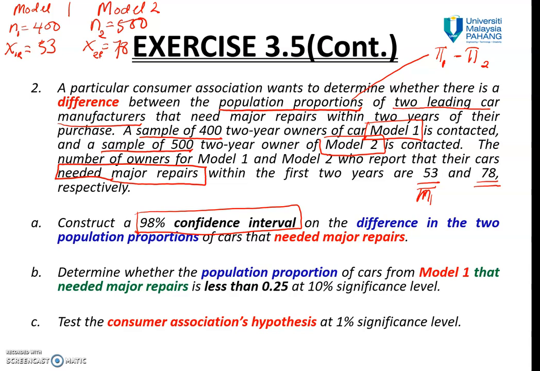Confidence interval is when you find values A and B, on the difference in two population proportions, so pi 1 minus pi 2 or pi 2 minus pi 1, of cars that needed major repairs. You must be careful as well, because sometimes they ask which do not need major repair, but in this case, need major repair. So your P will refer to the given one here.